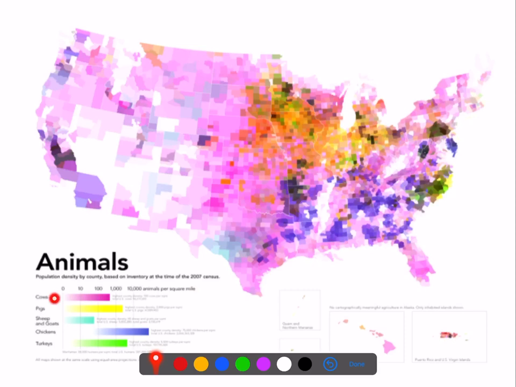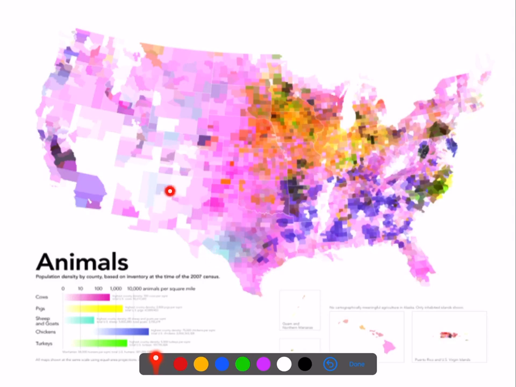So, as you can see, cows are pink and they're all over the place. Pigs are yellow and they're more heavily located in the Midwest here, and a little bit on the East Coast. Sheep and goats, those are the light blue, kind of the teal color. You can find those in Texas, little pockets here and there.